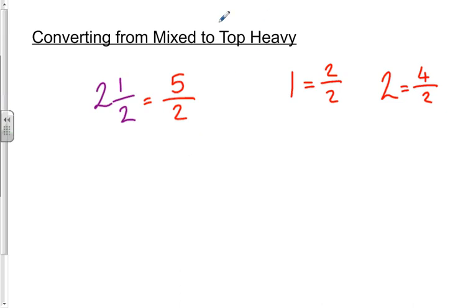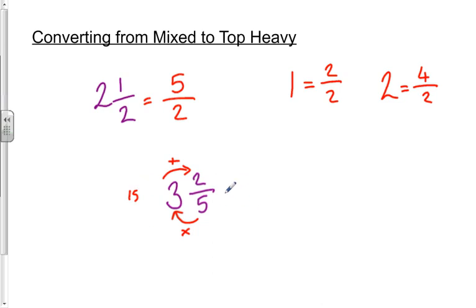Now there's a nice neat rule for this. If we have, for example, 3 2/5, what we can do is take the number on the bottom of our fraction and multiply it by the whole number on the left. So we take our 5 and times it by 3, that's 15. Then we take our 15 and we add on the numerator of the fraction.